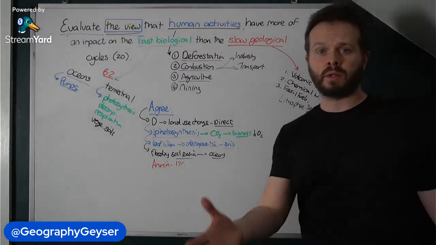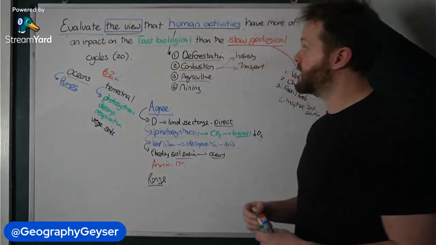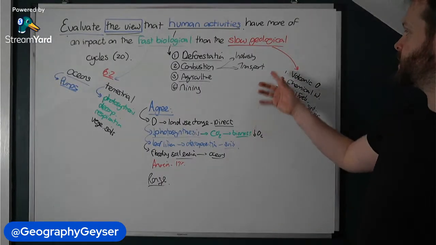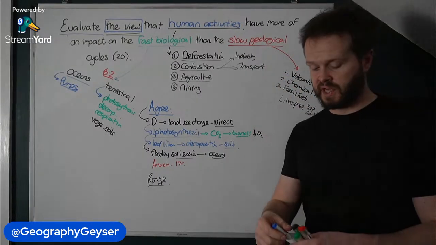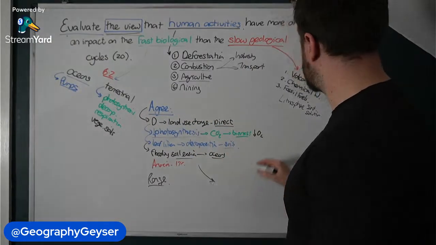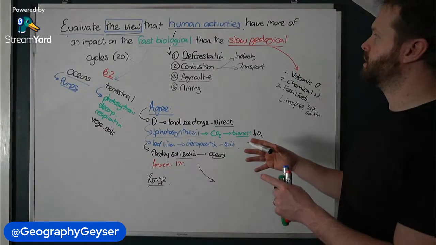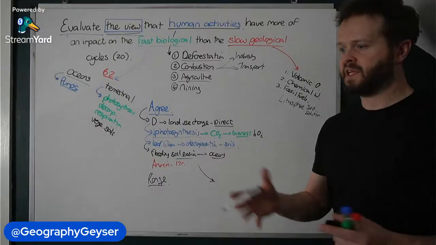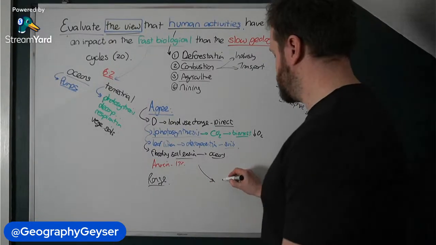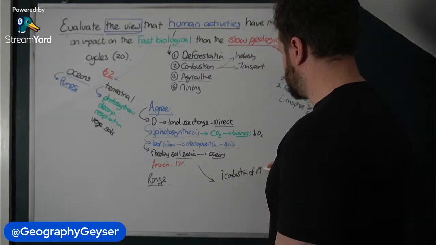Now, the first way that you're going to agree with this is that there's just such an enormous range of ways in which humans are affecting the fast biological cycle compared to the slow geological cycle. So you'd compare this range of ways, and you'd probably say something along the lines of, now, it's not that we don't impact the slow geological cycle, it's that we just do it in far fewer ways. The only way we really do that is with the increased combustion of fossil fuels.